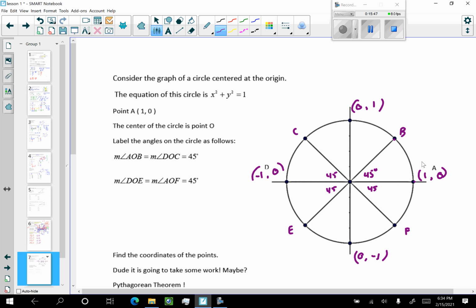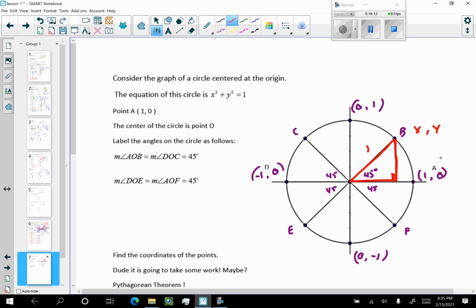So what do I have? Uh-oh, look what I have. This is the x, this is the y, and all the radii are 1. And what do I have? Here I have an isosceles right triangle.